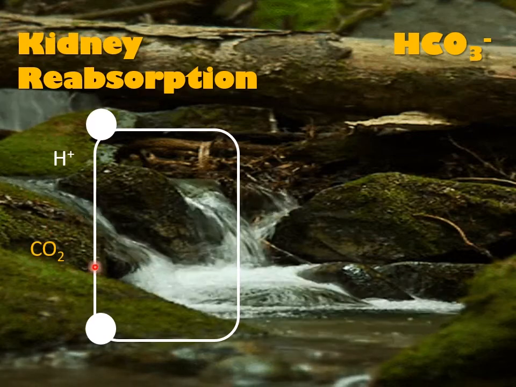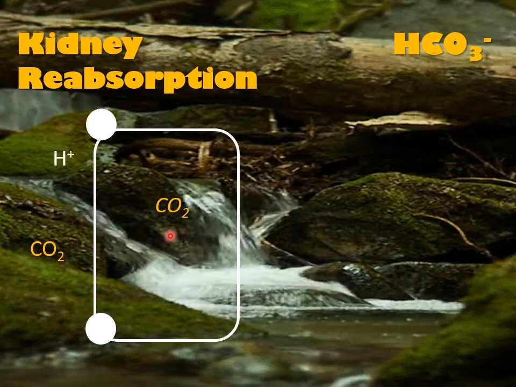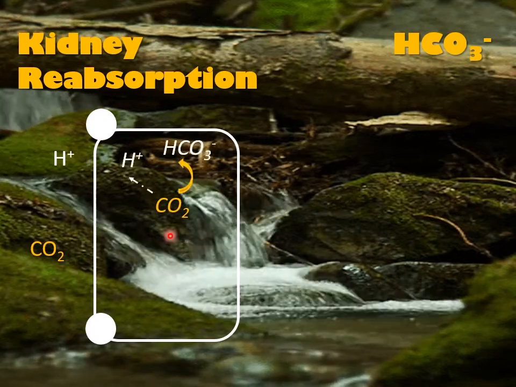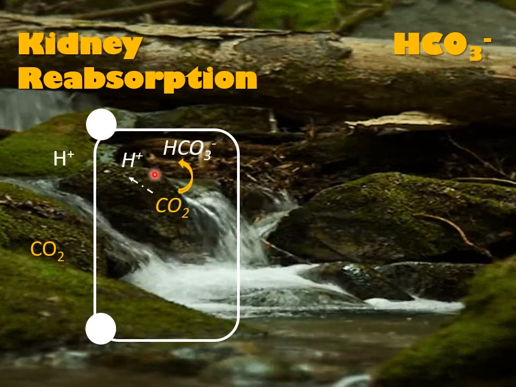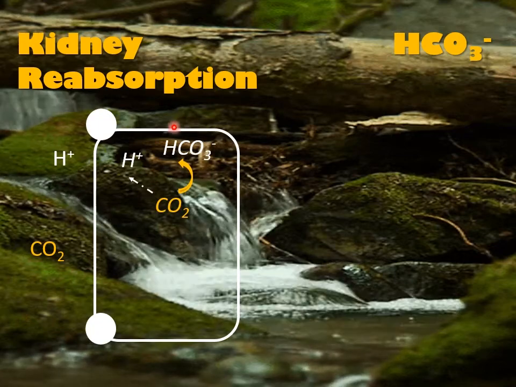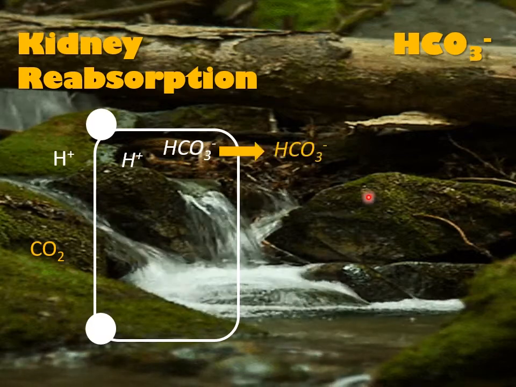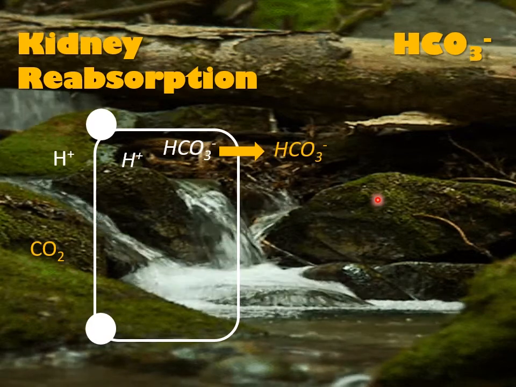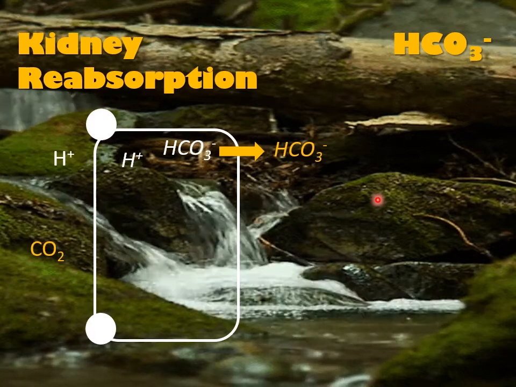Carbon dioxide enters the cell and we have the reverse reaction. That is, carbon dioxide forms again bicarbonate and protons. This bicarbonate can exit the cell, and in this way it will reach the blood, and that's why we can reabsorb bicarbonate.